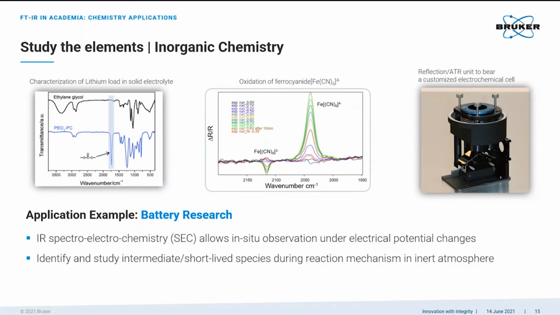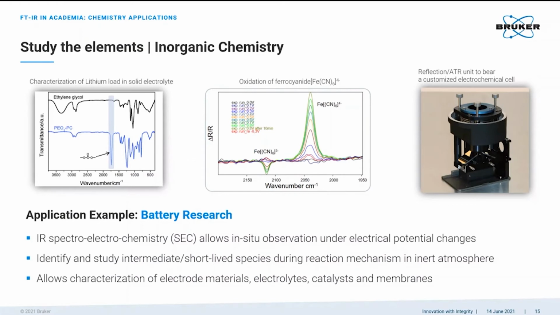On the right-hand side, Bruker's Reaction ATR 2-in-1 accessory is shown. It is prepared to bear a customized electrochemical cell for spectroelectrochemistry studies. Again, the universal character is the main aspect here. Whether you are studying electrode materials or electrolytes or so forth, IR can work for any of them. Of course, if it is not a graphene.